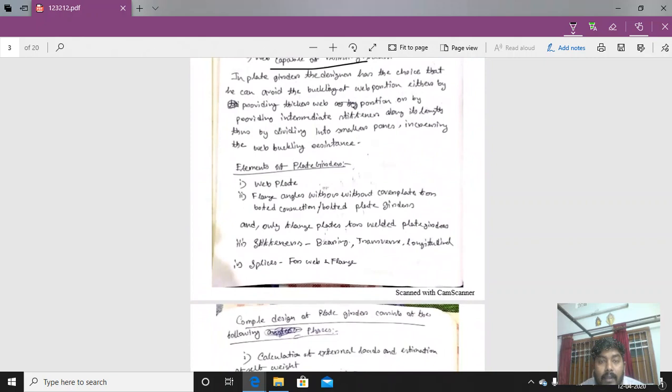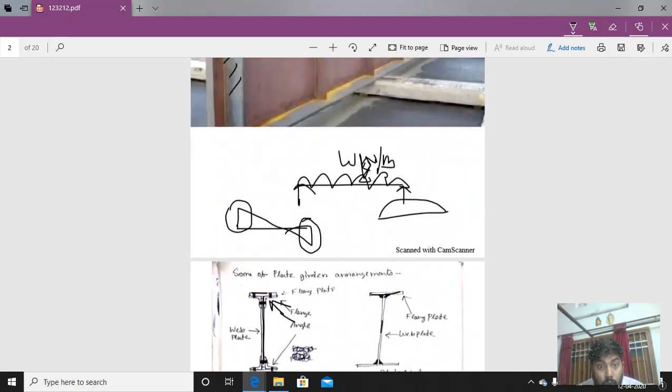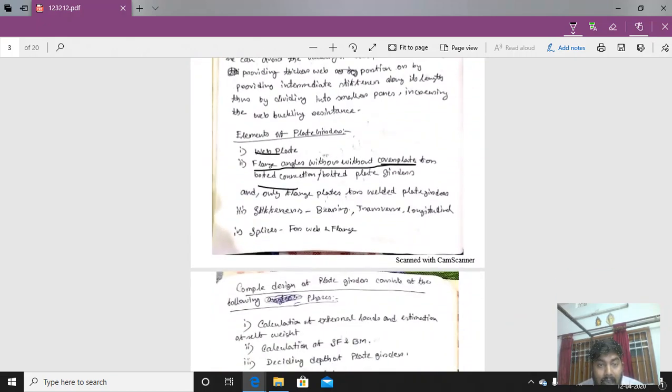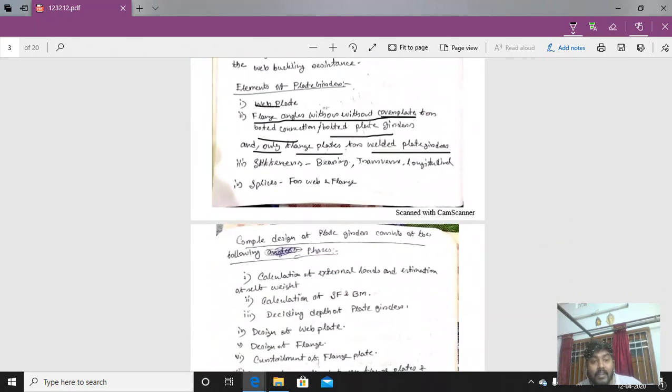So the normal elements of a plate girder are a web plate, flange angles with or without cover plate for bolted connection, and only flange plate for welded plate girder. Then stiffeners: bearing stiffeners, intermediate transverse stiffeners and longitudinal stiffeners, and splices for web and flange.